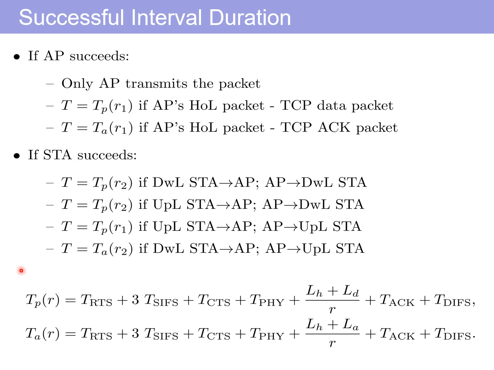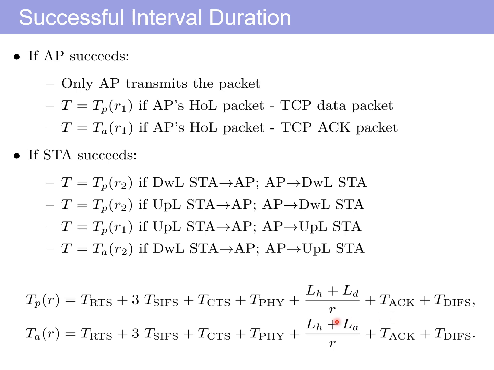Here TPR denotes the entire duration needed to send a packet of length LD bits at rate R. It includes the RTS duration, the CTS duration, the preamble duration, the duration needed to send a packet of length LD bits along with LH header bits at rate R, the MAC layer ACK duration, and all the SIFS and DIFS intervals in between.